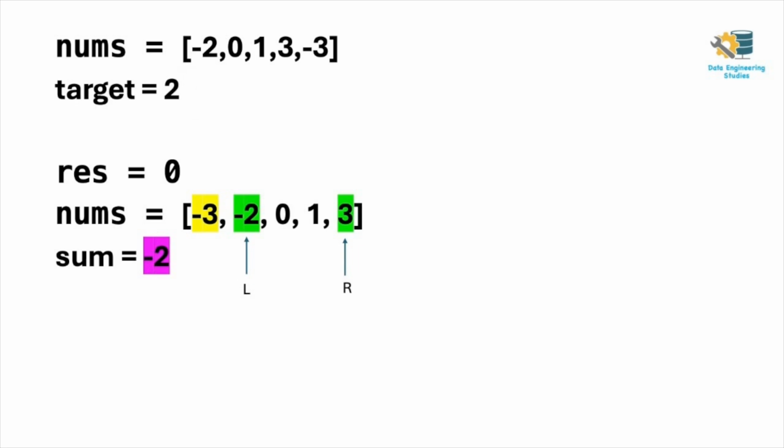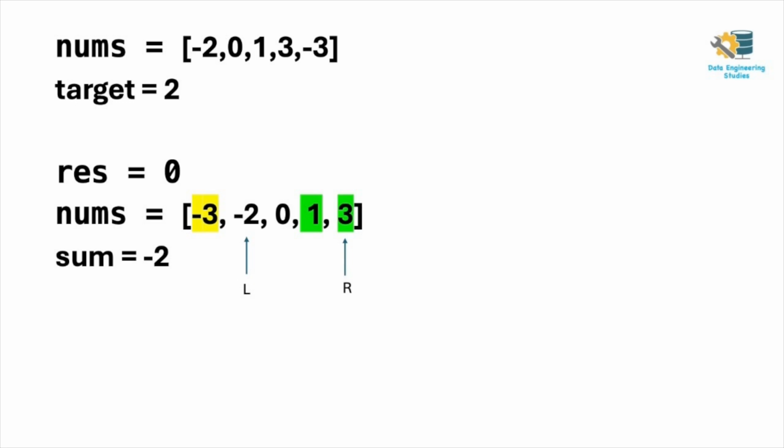Since our sum is less than the target, the other triplets between the left pointer and the right pointer will also be less than the target, because our list is sorted. What I mean is the triplet -3, 0 and 3 and the triplet -3, 1 and 3.